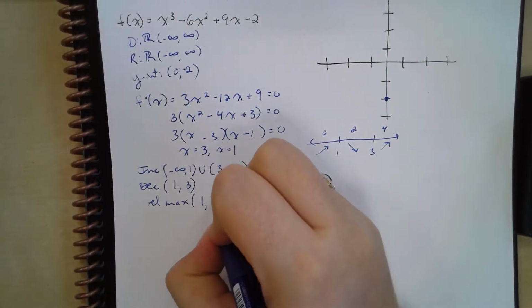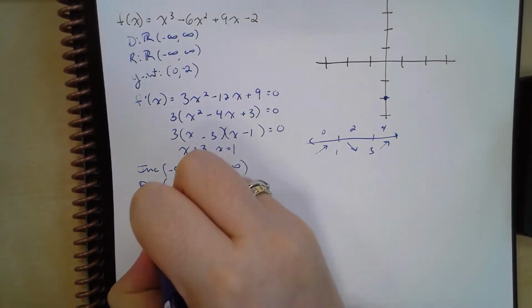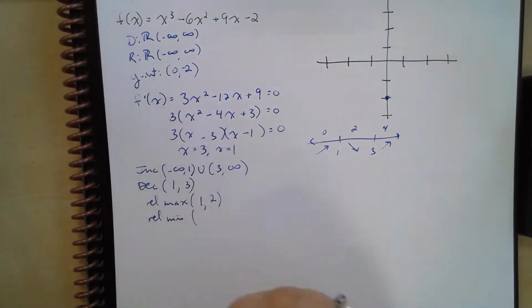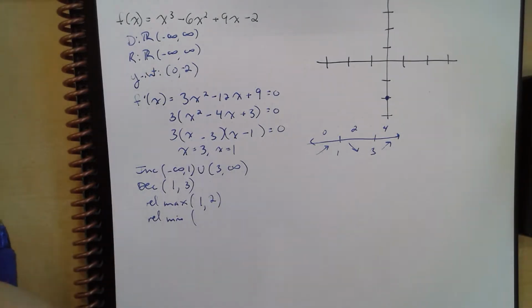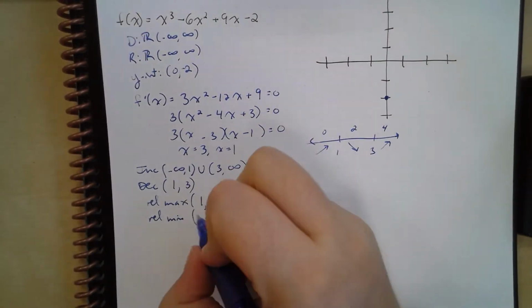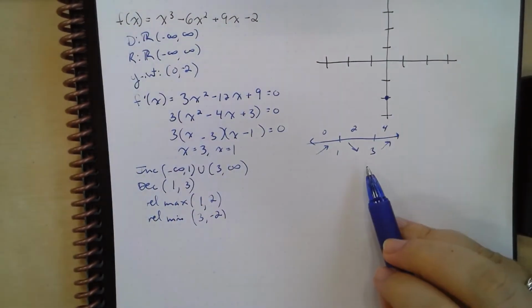So I have a relative maximum at (1, 2), and I have a relative minimum at 3. 3 cubed is 27 minus 6 times 9 is 54 plus 27 minus 2 is negative 2. So (3, negative 2) is a relative minimum.